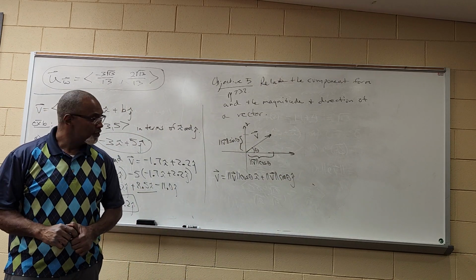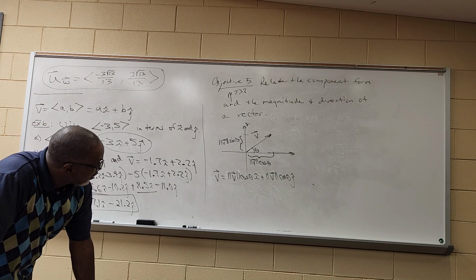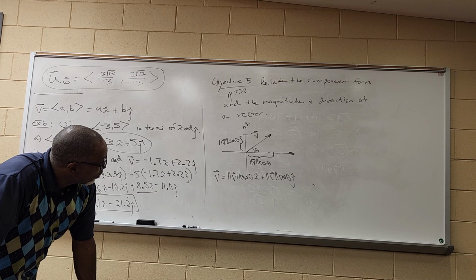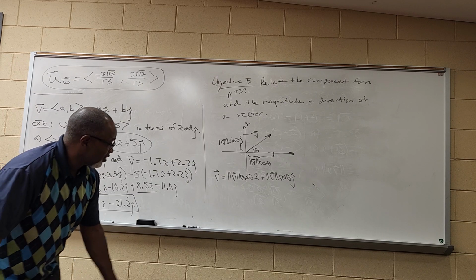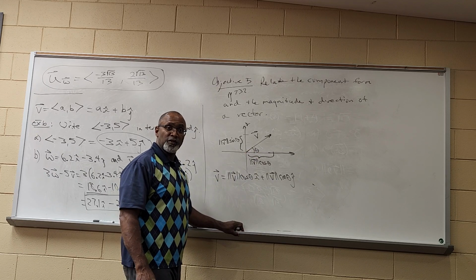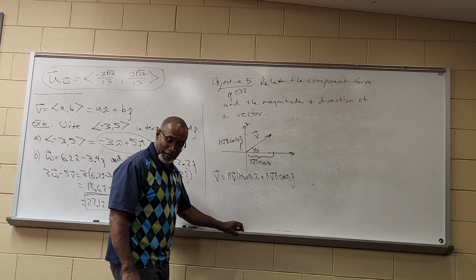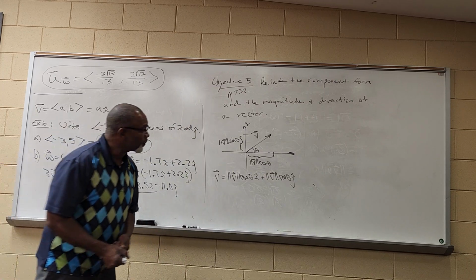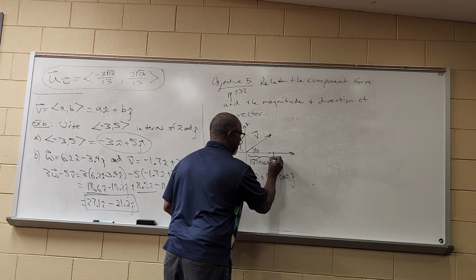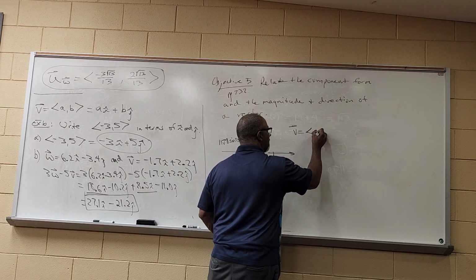So we've related my component form with my form that talks about both magnitude and direction, because the norm of v is the magnitude and theta is the direction of the vector. If I think of this as x equals a, y equals b, I could write this vector as ab.